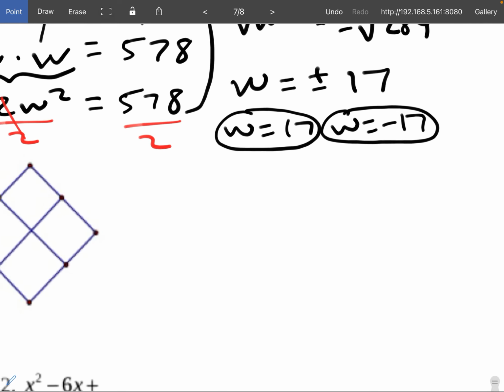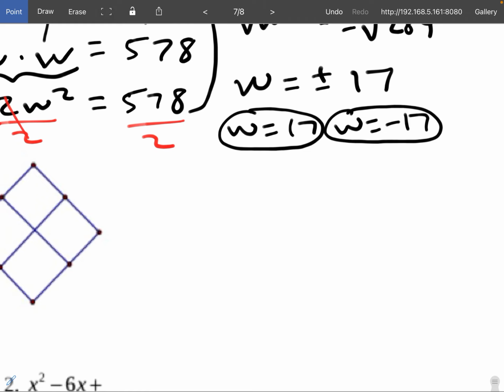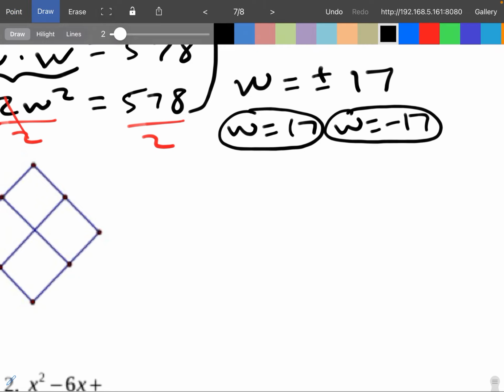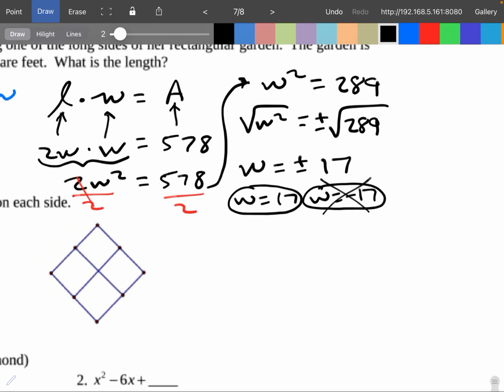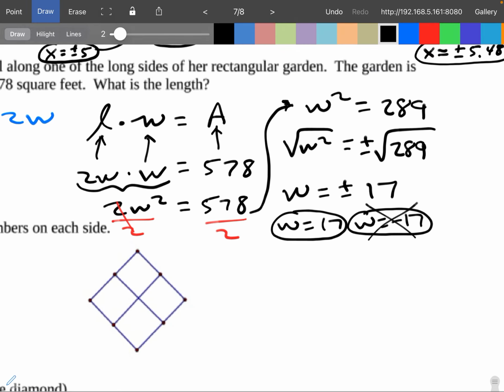The width here would be in feet, since the area is in square feet. So we have 17 feet and negative 17 feet. Well, you can't have a width or a distance that's negative. There's no such thing as negative 17 feet, so you cross that one out.